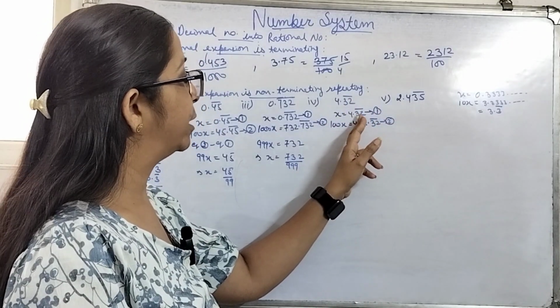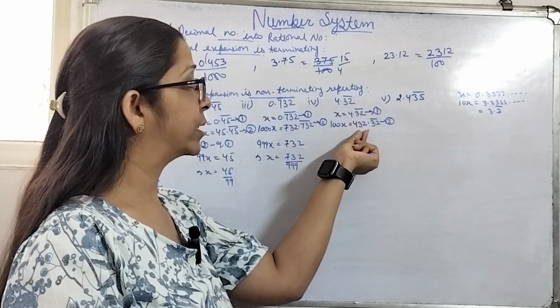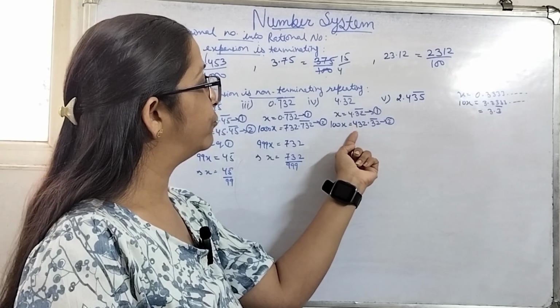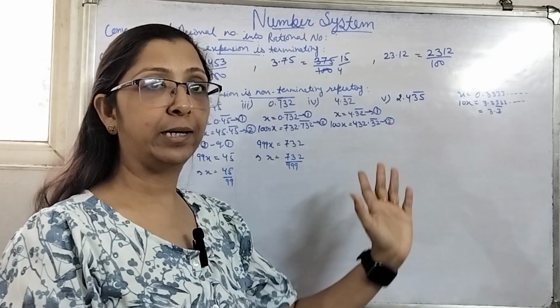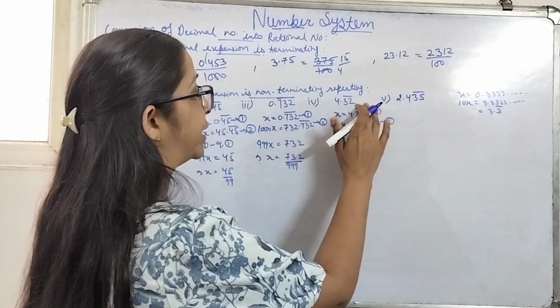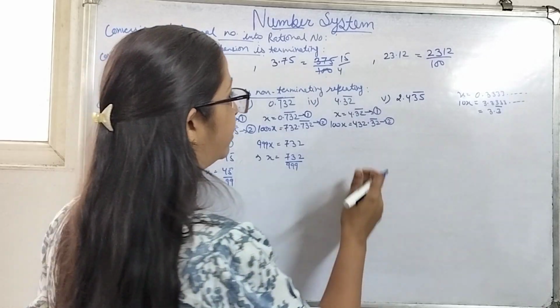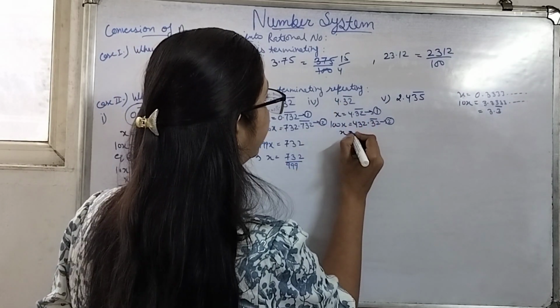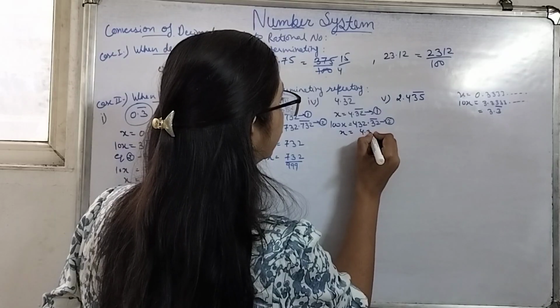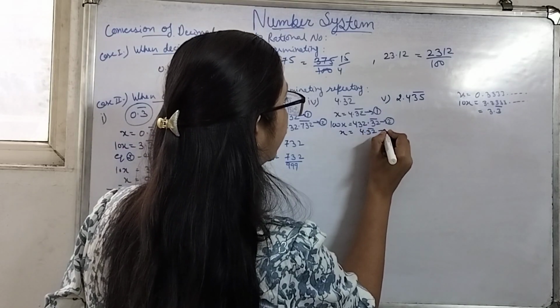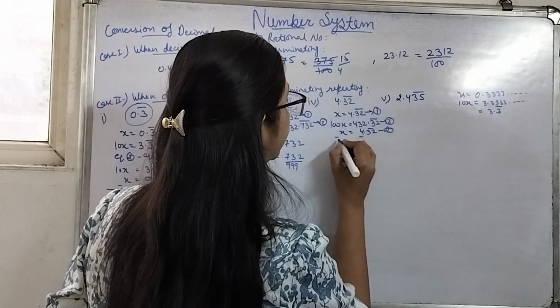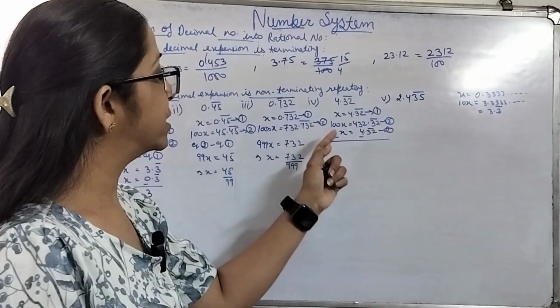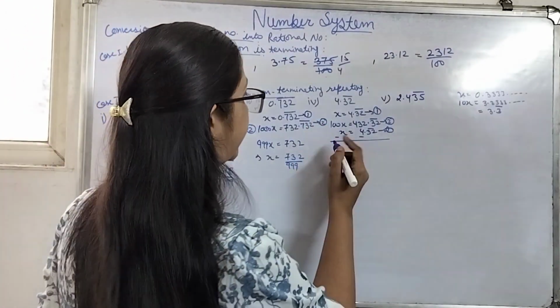So if we multiply it by 100, one pair of 32 will come initially, so it will become 432.32 bar like this. Now if we subtract equation number 1 from equation number 2, I can write equation number 1 over here beneath it. It will be 4.32 bar. This is equation number 1. Now I will be subtracting it. So 100x minus x will be your 99x.